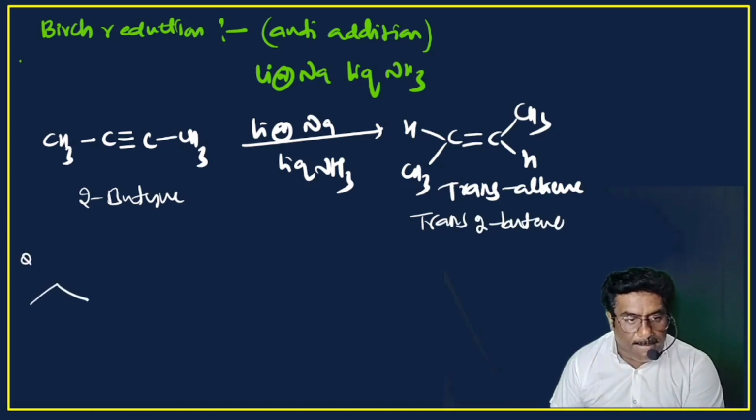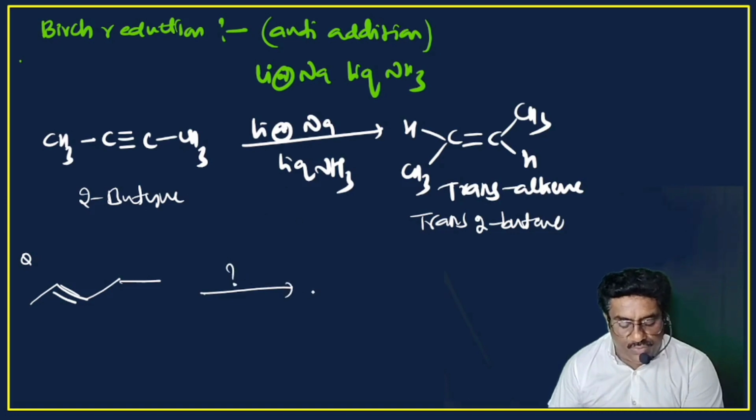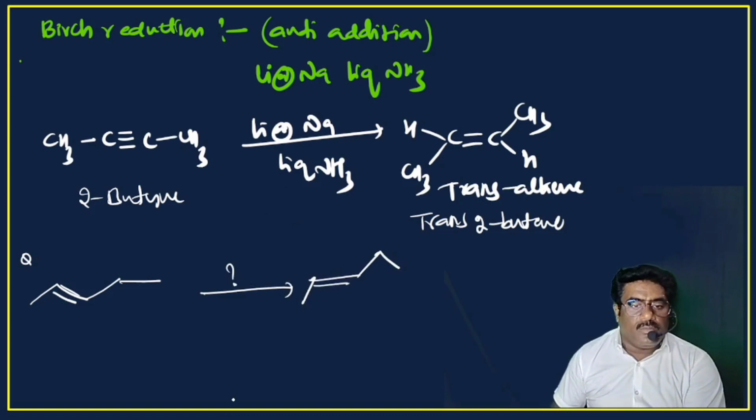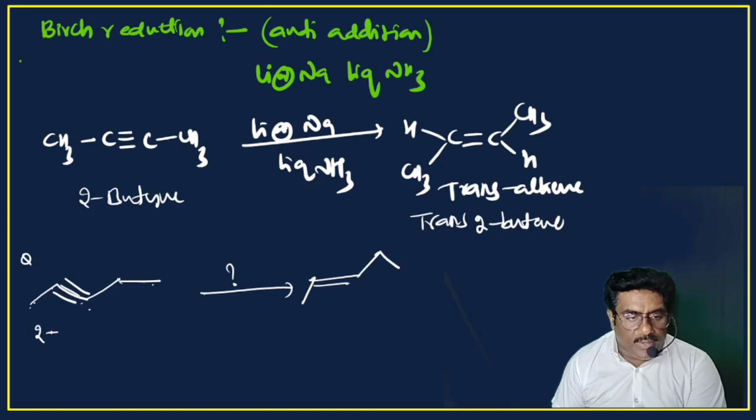Triple bond, in presence of which reagent used for the above? 1, 2, 3, 4, 5. Pentyne, 2-pentyne. It is the 2-pentyne to 2-pentene.